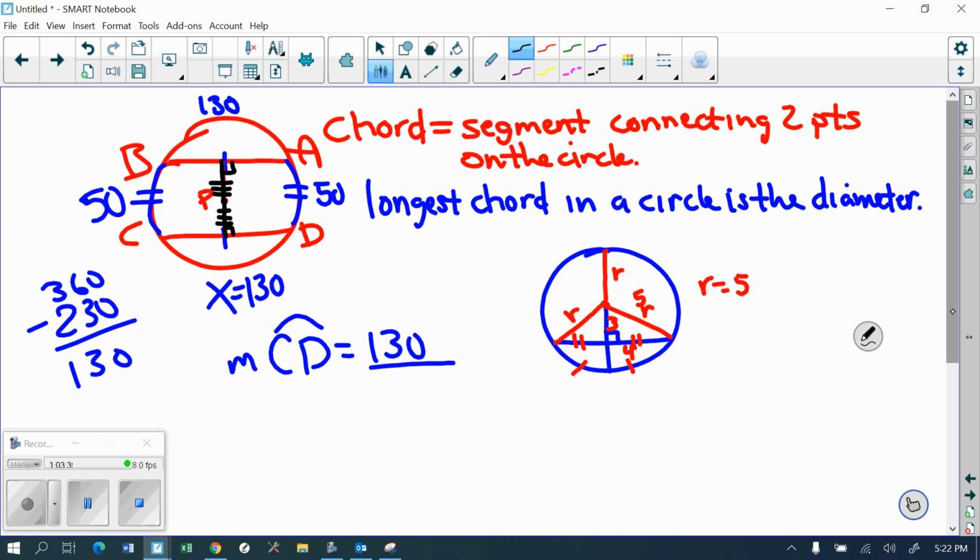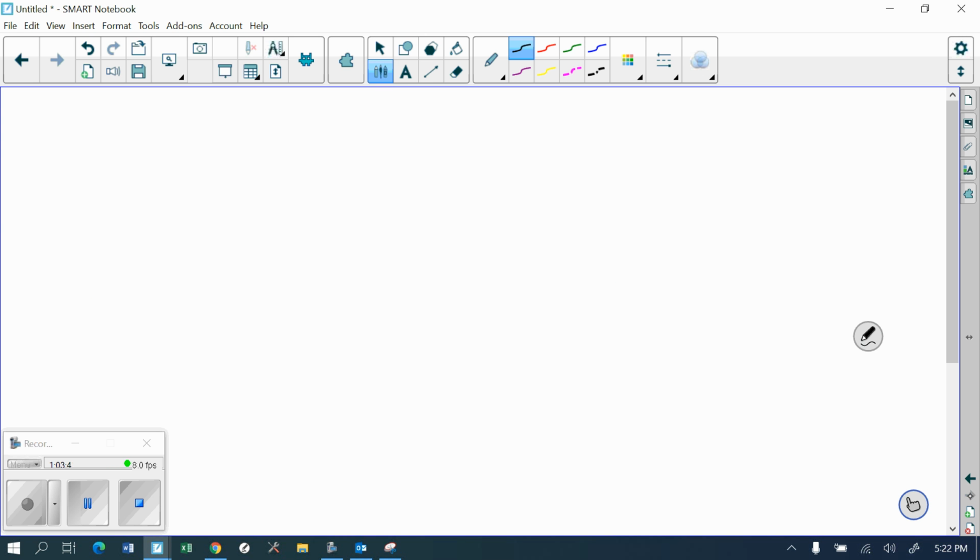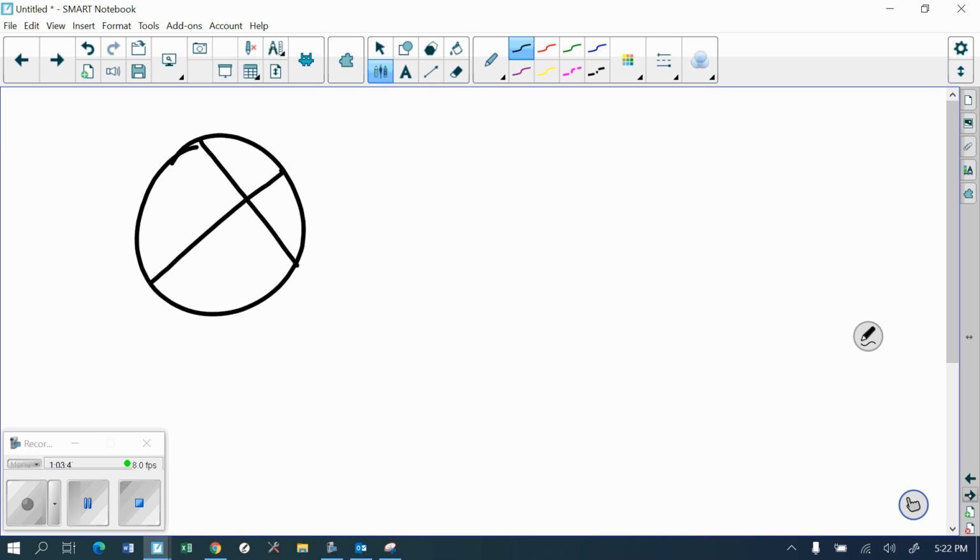Now let's go to the next one. I can draw it bigger here. If I have two chords like this, AB and CD, and I multiply the pieces of one chord, they have to equal the product of the pieces of the other chord.